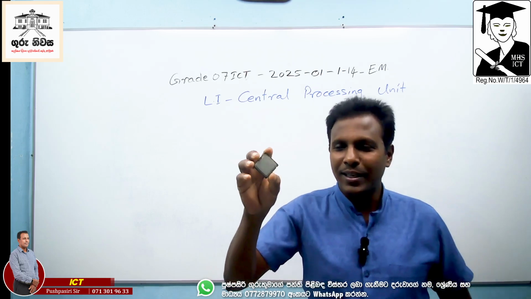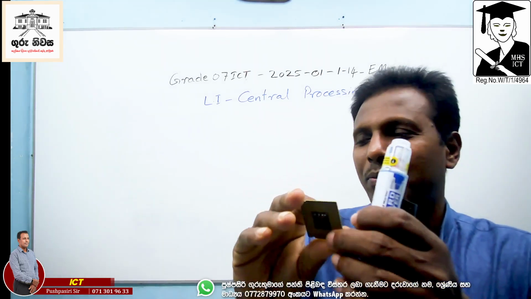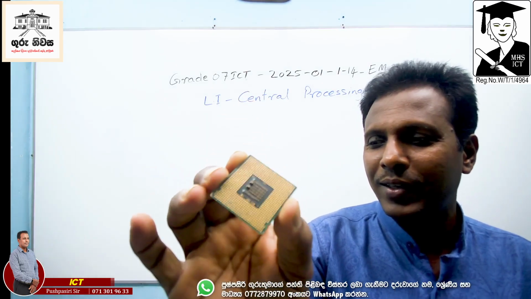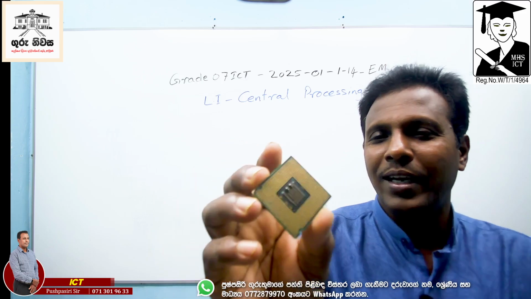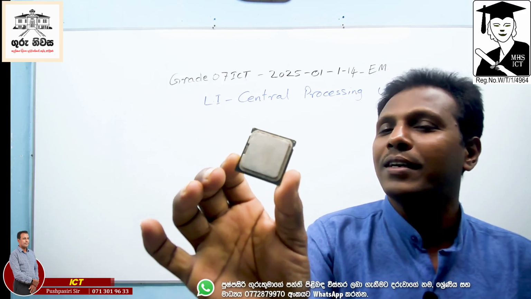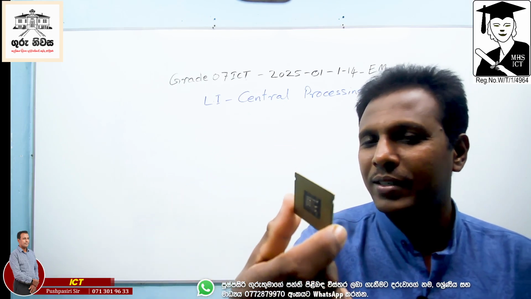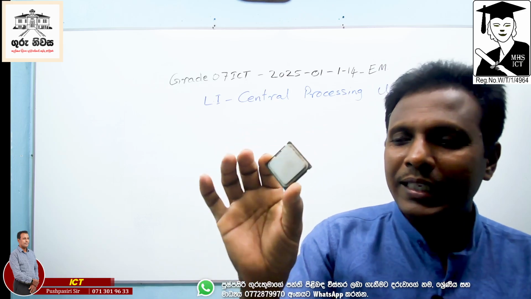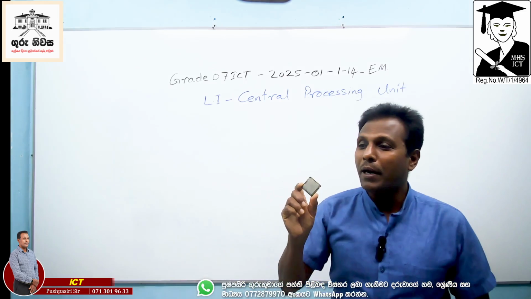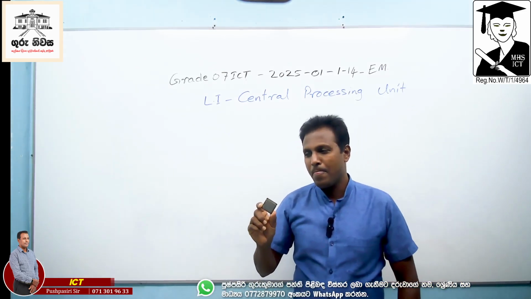This is one of the Central Processing Units, CPU. Right? Okay. And the other side of this one is here. Central Processing Unit. So square shape. And this is the valuable part of the computer, right?